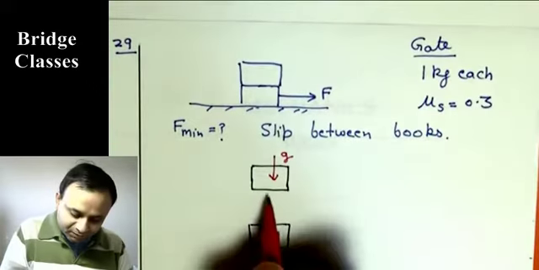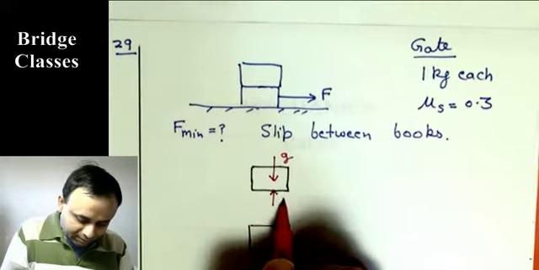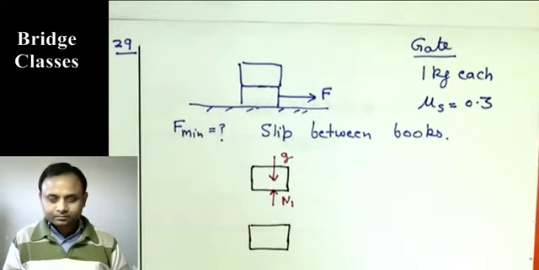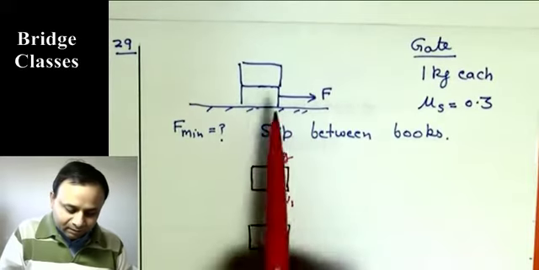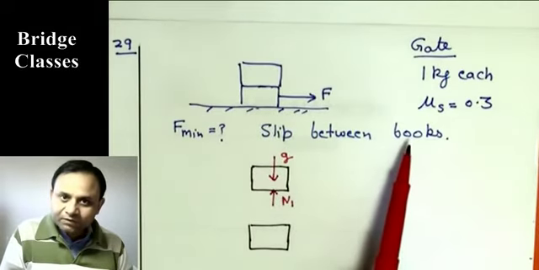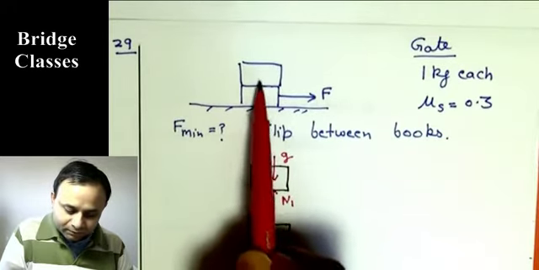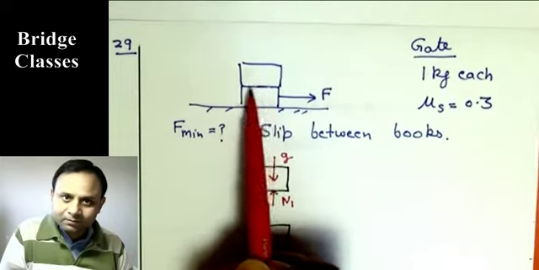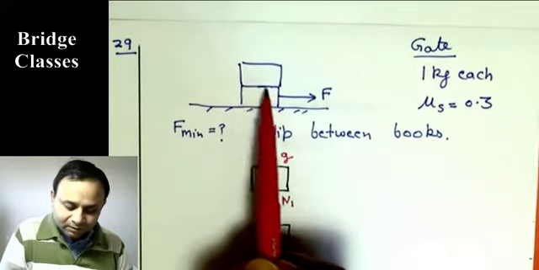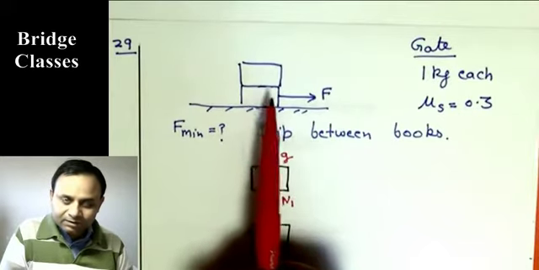And normal reaction from the bottom surface, let us call that N1. Those are forces in the vertical direction, and it says there is slip between the books. For there to be slip between the books, there has to be slip at this surface. So the frictional force here is mu s N, and we will see what its direction is.